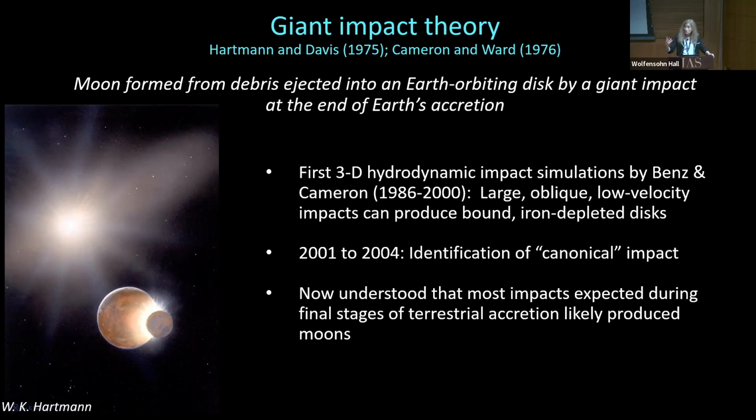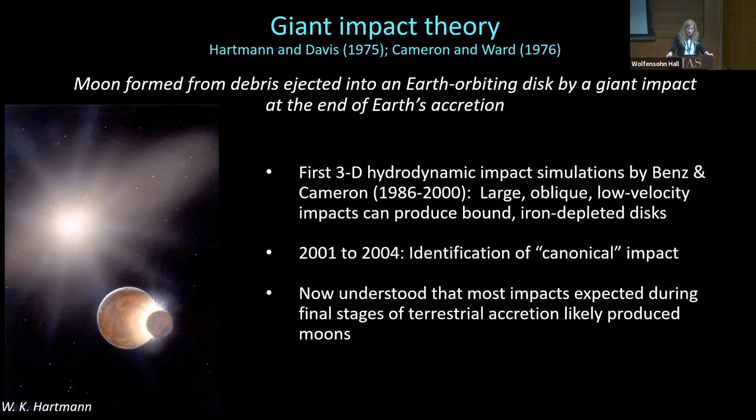And the reason you get the material in a disk is largely by virtue of gravitational torques between the material in the impacting object and the distorted shape of proto-Earth right after the impact, or torques across the material of the impactor itself, which is disrupted by the collision.